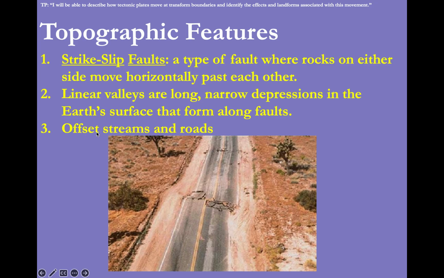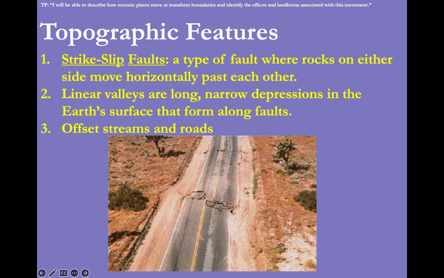And number 3, offset streams and roads. So I found this online. Here's a road that was once straight. We have some strike-slip or transform fault boundary here. The fault boundary is running at an angle going across here. This portion of the street is moving, let's say, if this is north, maybe toward the northwest, and this is moving toward the southeast, sliding past each other.